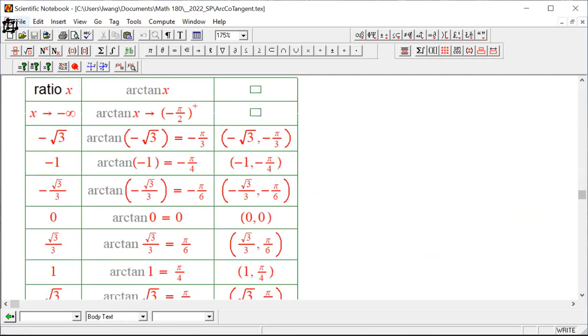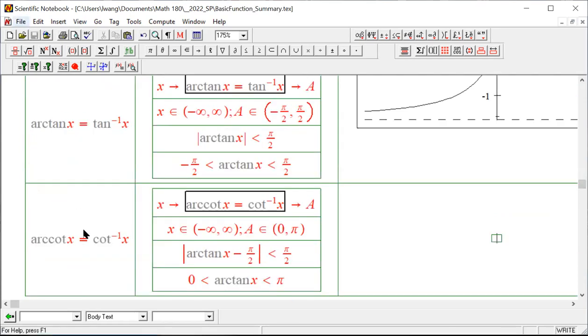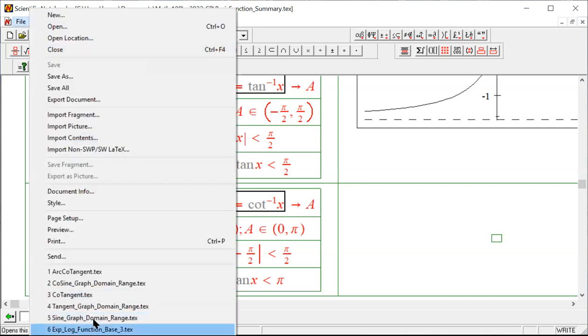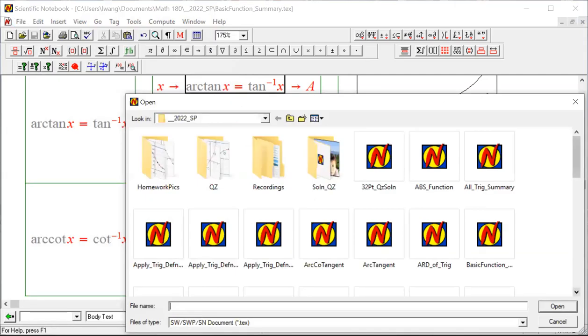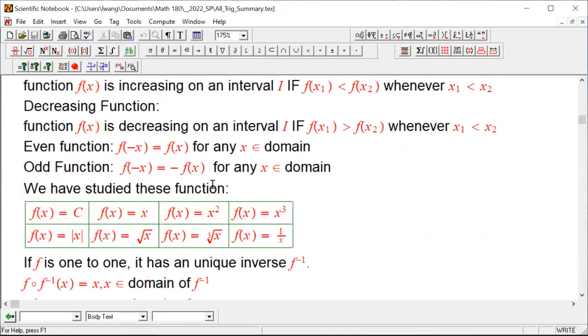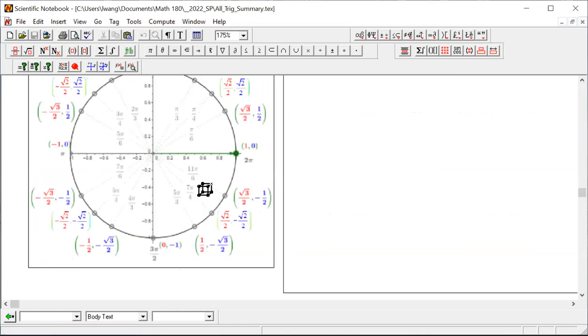Sorry, let me find it from another place. Arc cotangent, I must have it here.